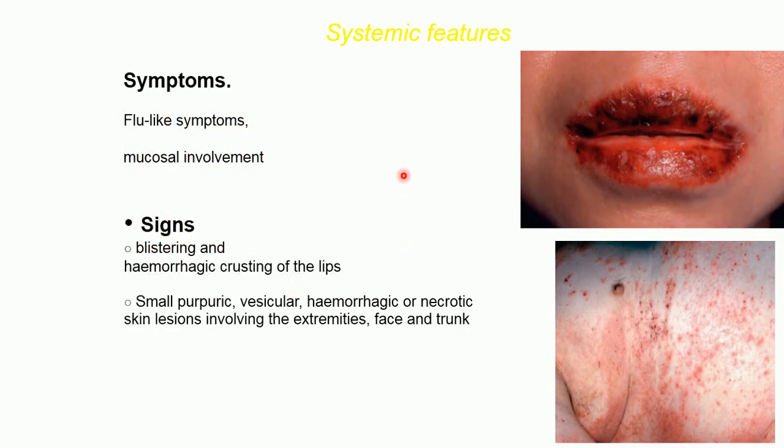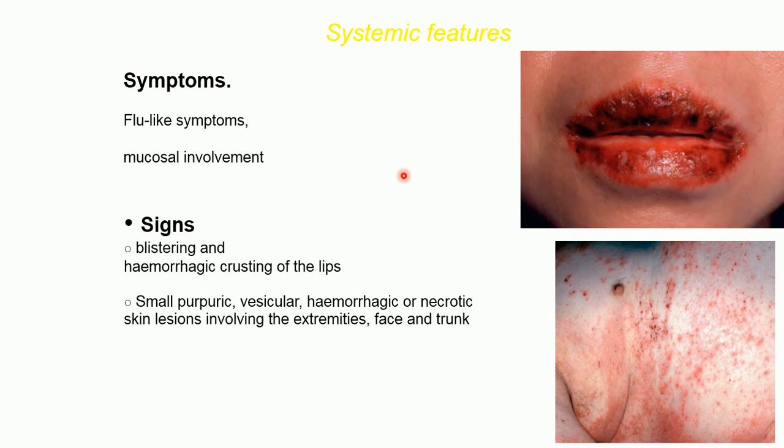Now the systemic features. The skin biopsy is helpful to establish the diagnosis but rarely necessary. What are the symptoms? They are flu-like, can be severe, and may last for 14 days before appearance of lesions. The patient is very ill, and hospitalization is required. There is systemic mucosal involvement: nasal pain, discharge, pain on micturition, diarrhea, cough, shortness of breath, pain on eating and drinking.